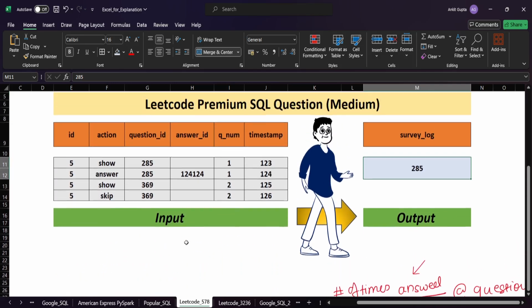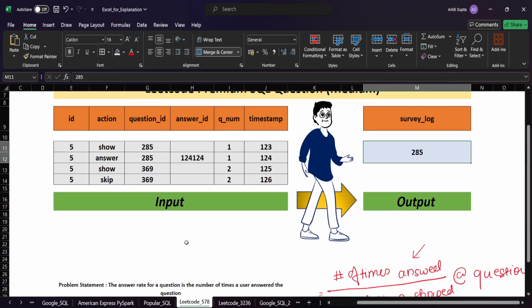So if we have multiple questions with the same highest rate, let's say questions 1, 2, 3, where the answer rate is 100 for the first, 100 for the second, and 90 for the third. For these two records the answer rate is the same, so which one to select? In this case we select the question with the smallest ID, so we need to select ID 1. So this would be the answer in this scenario, right?